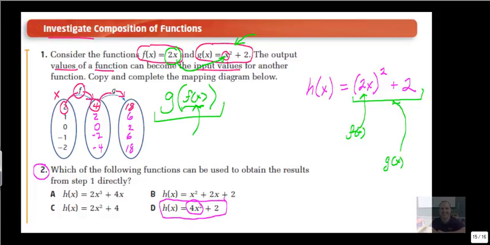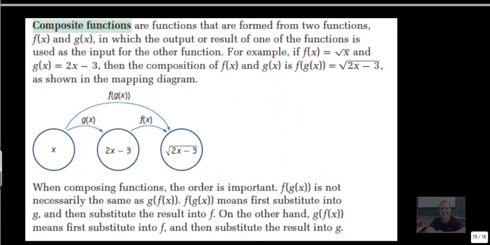Awesome. So let's go back to your textbook, page 500, composite functions. Let's read along, and you can write down some jot notes in your notebook, or just follow along. It's basically explaining what we've come across here. It says: composite functions are functions formed from two functions, f of x and g of x, in which the output of one is the input for the other.